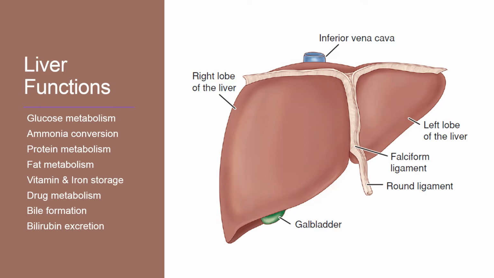Vitamin and iron storage. Vitamins A, B, D, B complex, iron, and copper are stored in the liver. Drug metabolism. Barbiturates, opioids, sedatives, amphetamines are all metabolized in the liver. The metabolism may cause inactivation or activation.